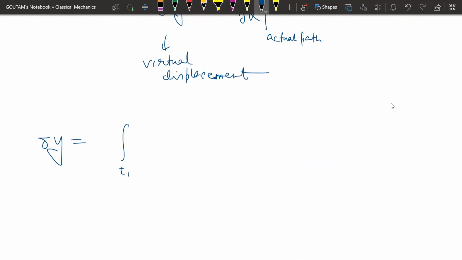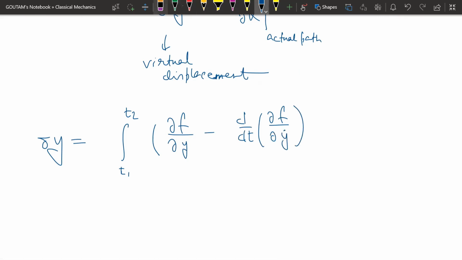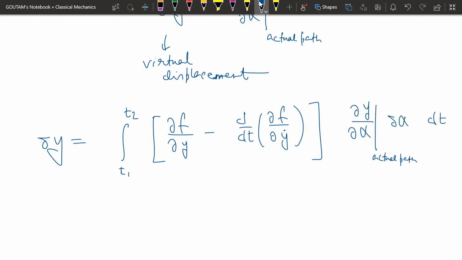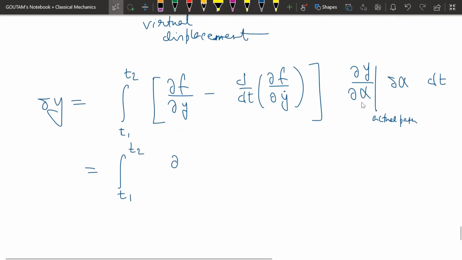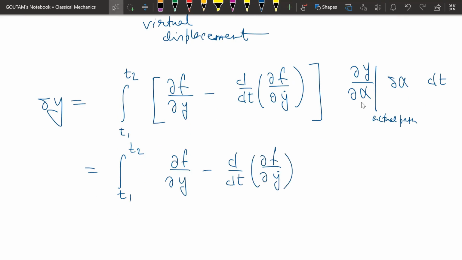So integral t1 to t2 of del f del y minus d/dt of del f del y dot, times del y del alpha along the actual path, delta alpha dt, equals integral t1 to t2 of del f del y minus d/dt of del f del y dot, times delta y, the virtual displacement, dt.